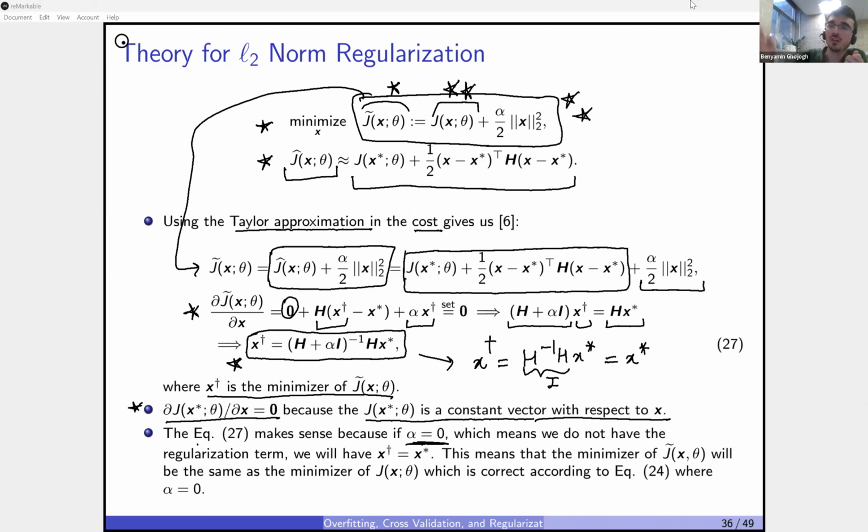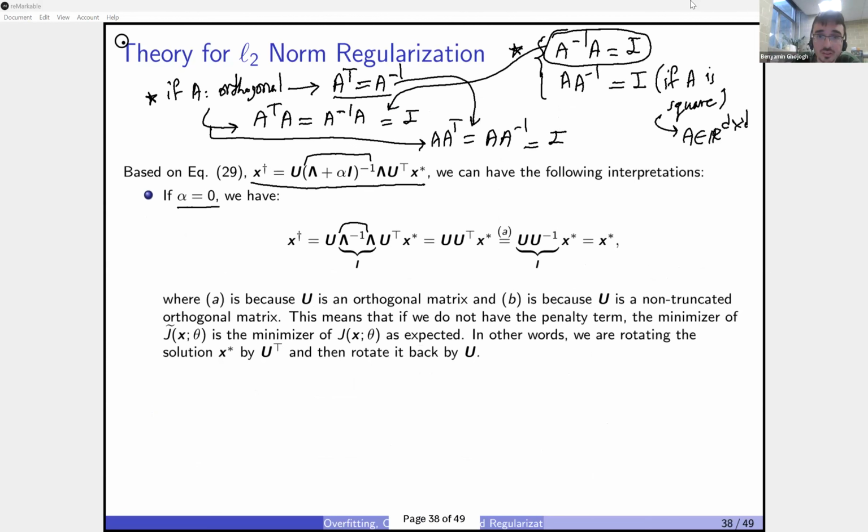So when lambda is large, it means that J is actually important in that direction. Therefore, we should ignore the penalty for that direction. This is an important direction for this error. Therefore, J tilde for that direction should be almost close to J.